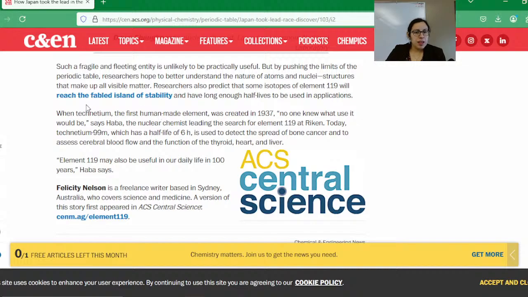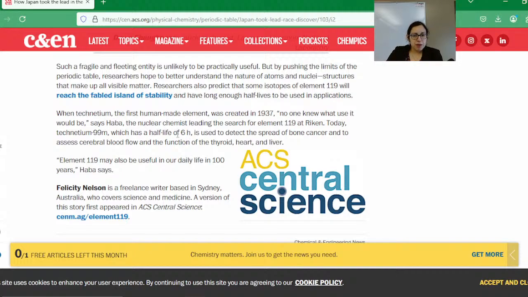And here's a good application. Technetium was one of those elements. We'll see this in some of our examples, and you often see it shown with a little m, and m always means metastable, so it's going to decay.